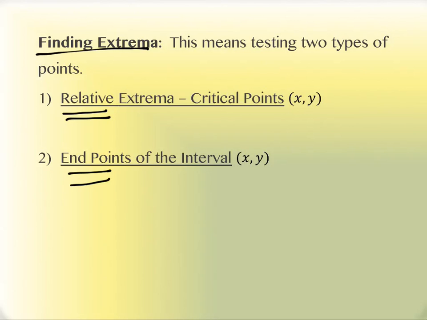But then we have this additional step at the end where we also have to test the endpoints of our interval. And we're going to work with a cosine graph, which naturally has a bound, kind of like we were just talking about. But we are working on it on a closed interval.